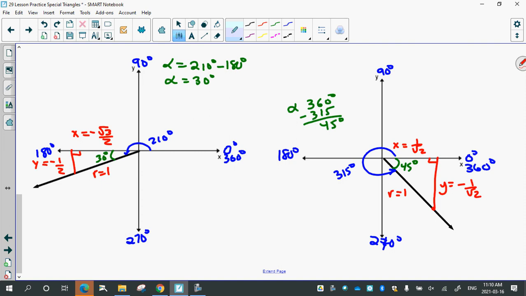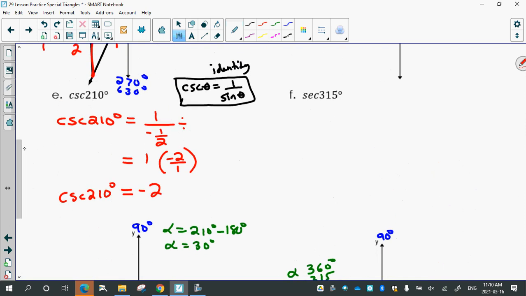Okay? And then it's asking you for sec, which is r over x. So r is 1, x is 1 over root 2. And then you divide by a fraction, you multiply by the reciprocal. So you end up getting root 2.